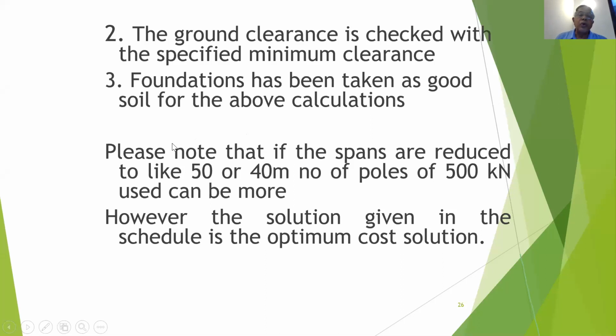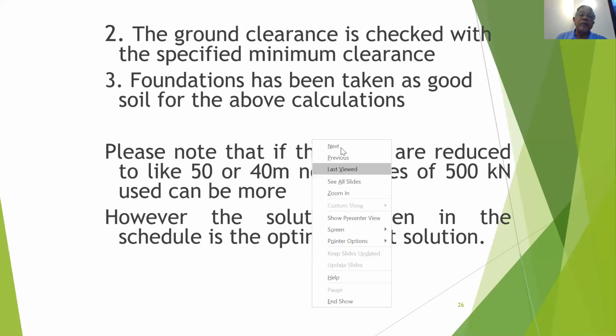To reduce the strength of the poles, the spans can be reduced. If you use 50-meter spans instead of 70-meter spans, lighter poles with lighter breaking strength can be used.